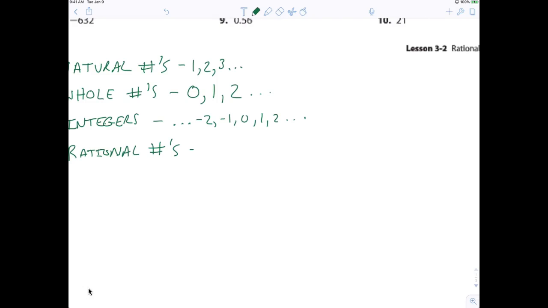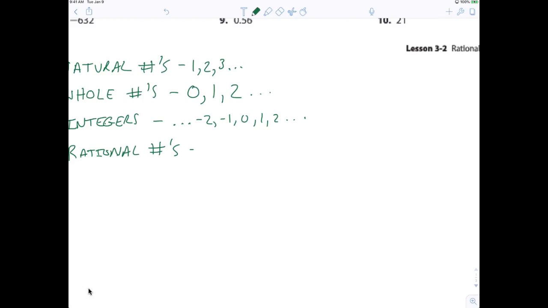0 can be written as a fraction, believe it or not. 0 over 1, 0 over 2, 0 over 3. 0 divided by any number. 0 can be written as 0 over 1, just like the number 7 can be written as 7 over 1 or 14 over 2.